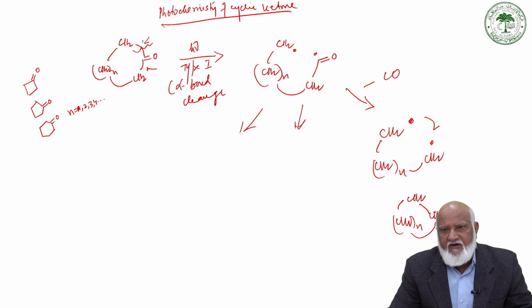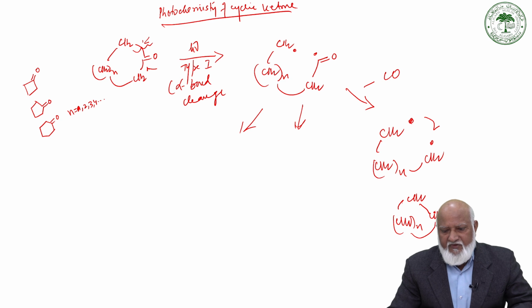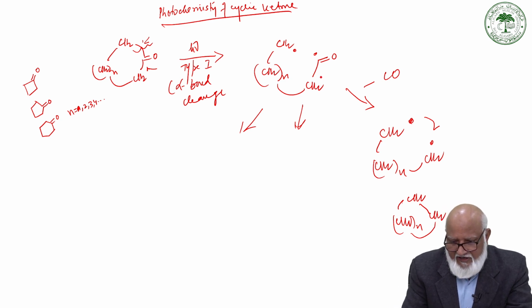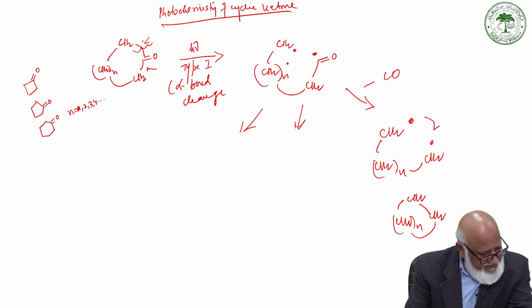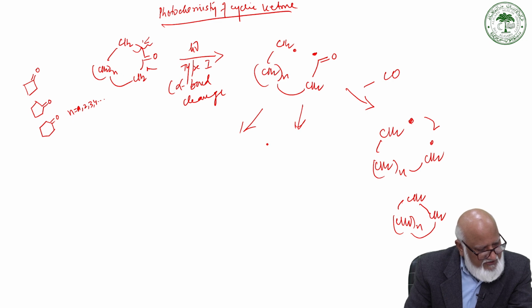So this is one of the products, the cycloalkane with the loss of carbon monoxide. Another possibility is the abstraction of a hydrogen. This acyl radical will abstract a hydrogen atom from the adjacent CH2 group.